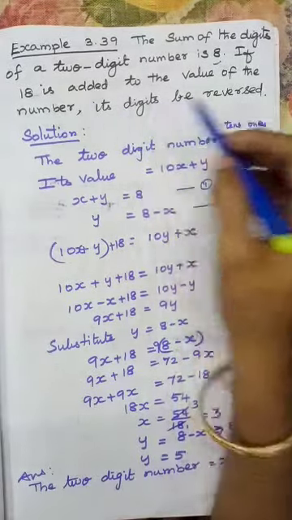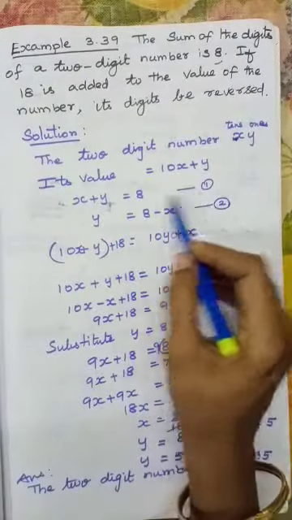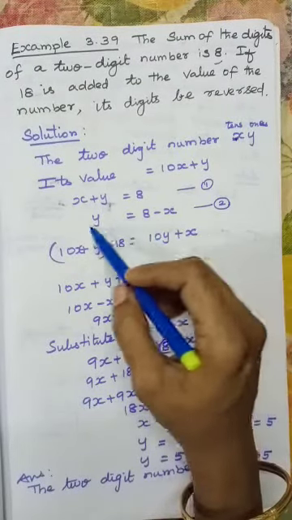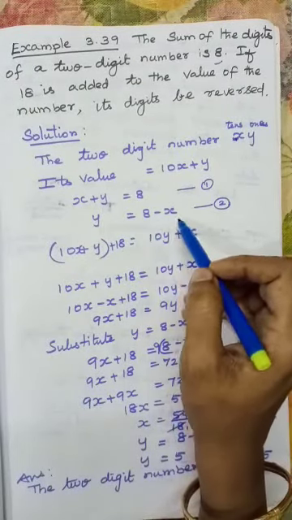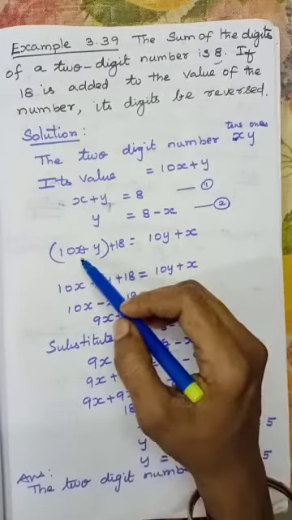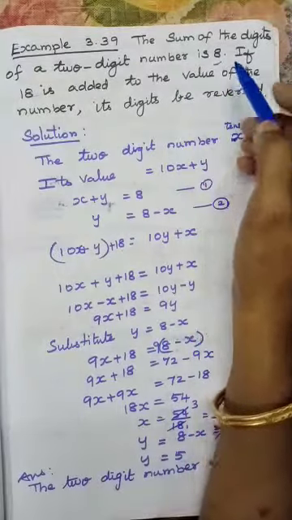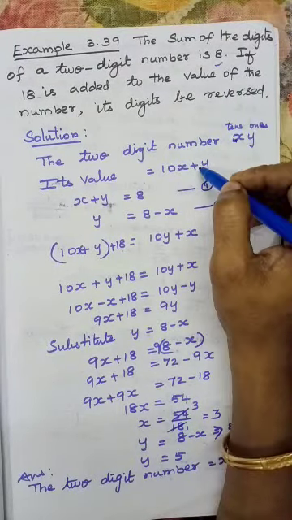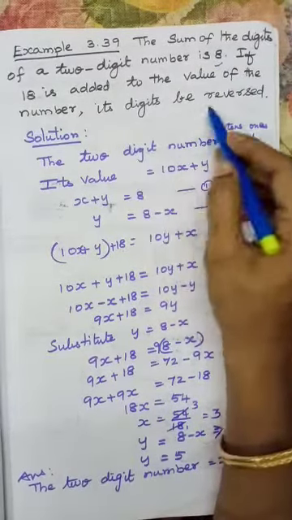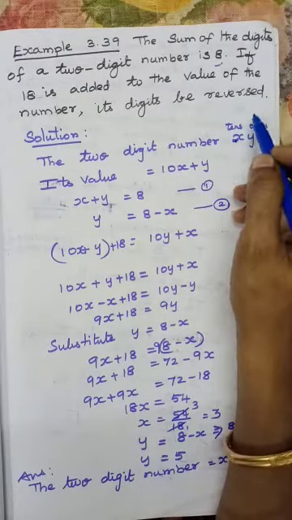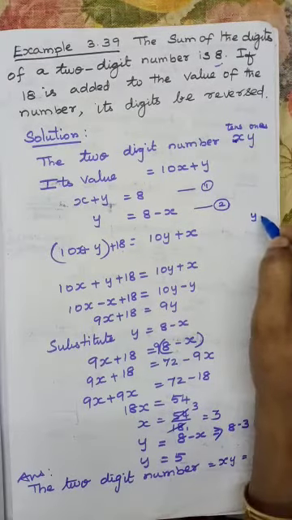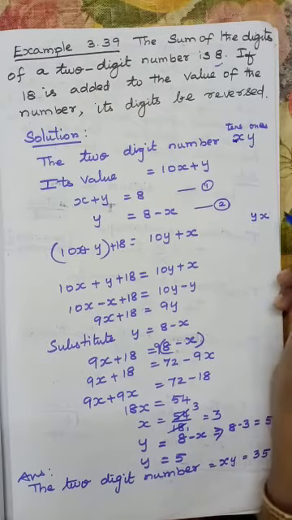Okay. Then from this equation we are making y is equal to 8 minus x. The next one. If 18 is added to this value, its digits are reversed. Its digits reversed means it will come as yx.